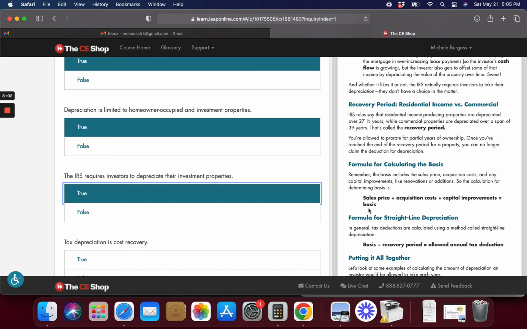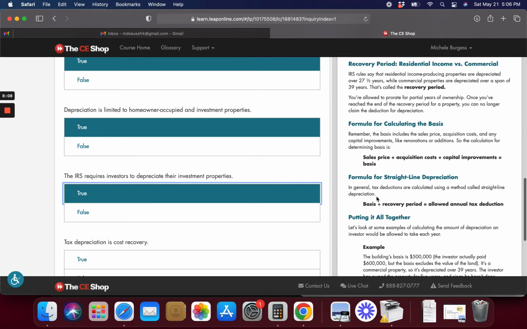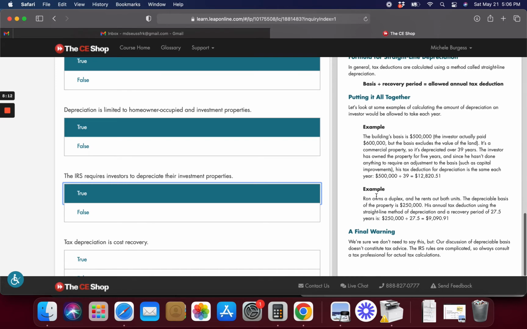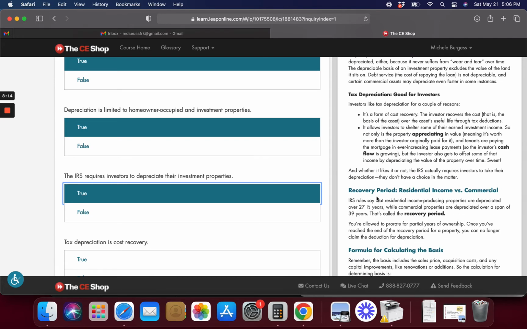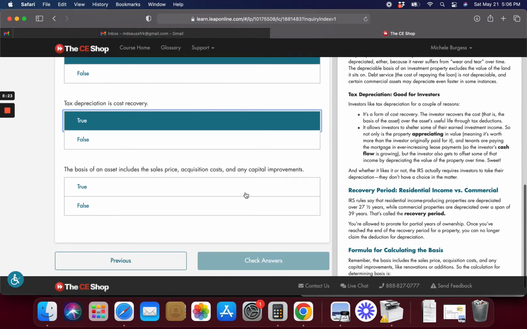All right, tax depreciation is a cost recovery. Oh, it's a form of cost recovery. Good for investors. Okay. The basis of an asset includes the sales price, acquisition, and any capital improvements.